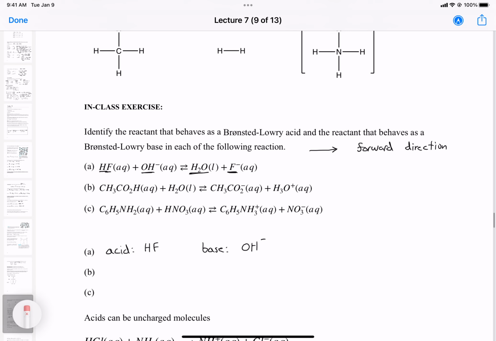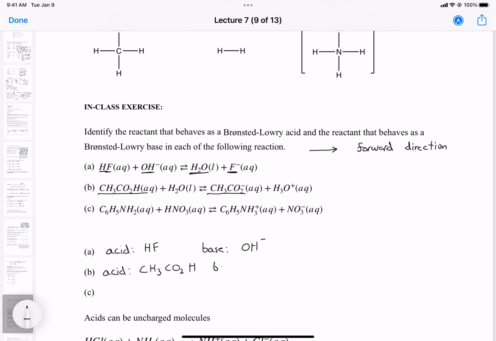Okay, so for B, if we look at this molecule here, acetic acid, and then we look at the molecule on the right-hand side, we see it's lost the proton now. So the acid is going to be my molecule on the right, CH3CO2H.